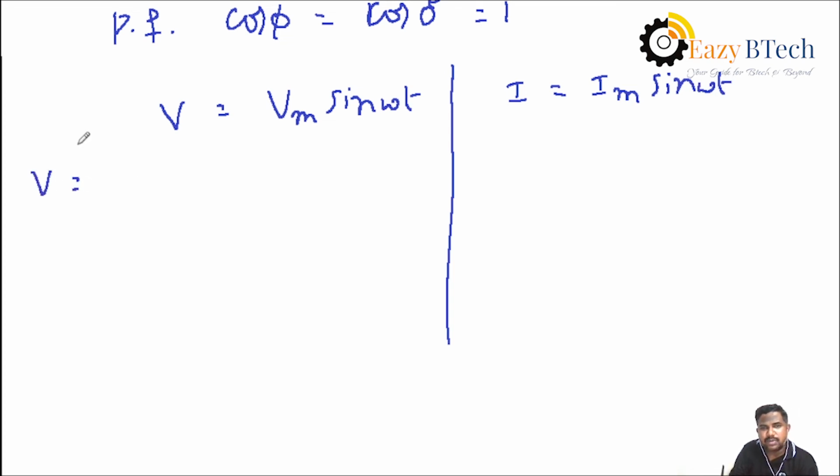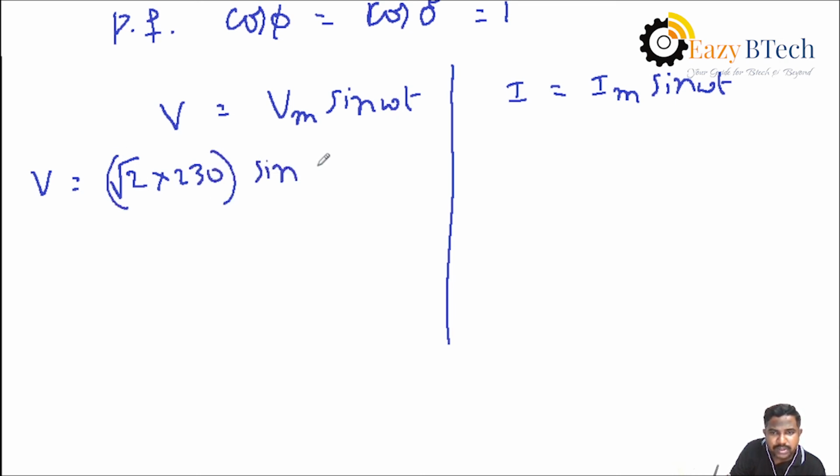Vm is the maximum value, but we know the RMS value. What is the relation between RMS value and maximum value? Maximum value equals root 2 into RMS. The given values are RMS values, that is 230 into root 2.